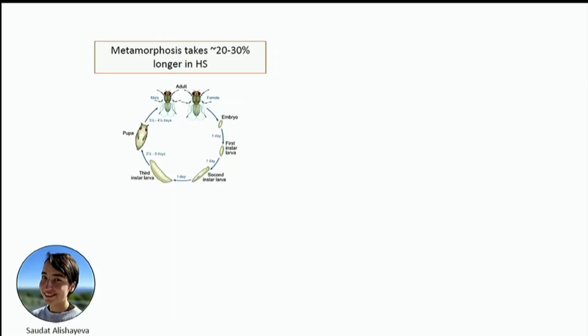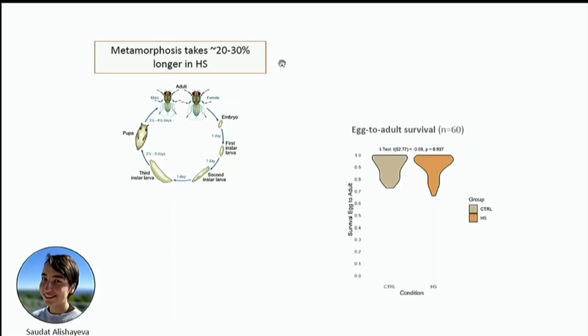But the interesting thing is that when we measure egg to adult survival, as the ratio of eggs that actually become functional adults, there's no statistical difference between control and high sugar flies. So they are suffering, they are delayed, something is going on, but they manage to make as good adult flies as the control flies can do. So they are coping with whatever is going on by making a really good fly, a really successful metamorphosis process.